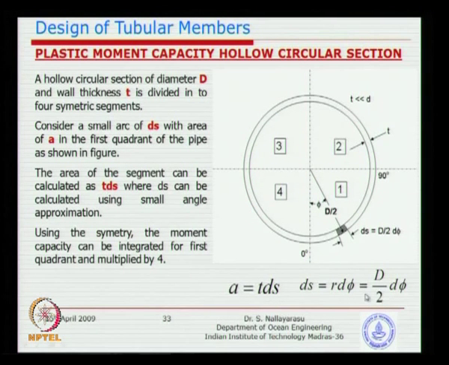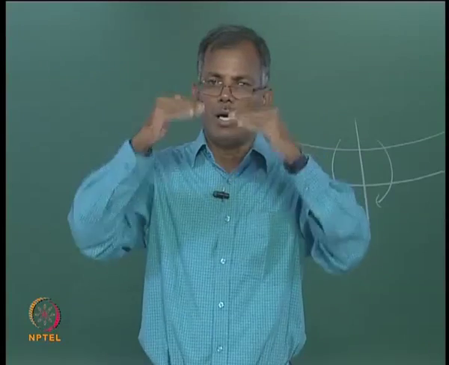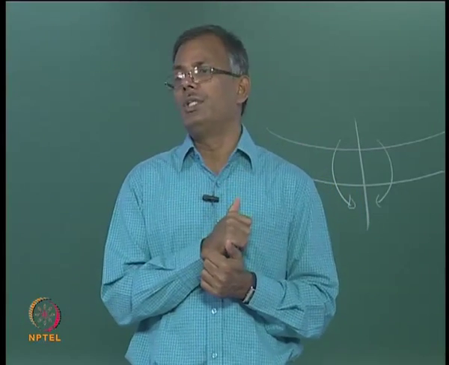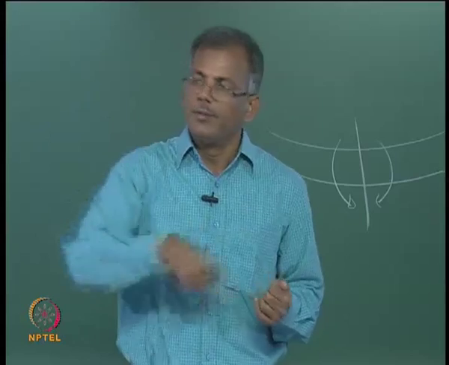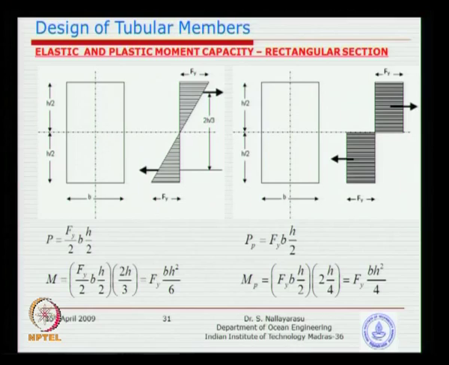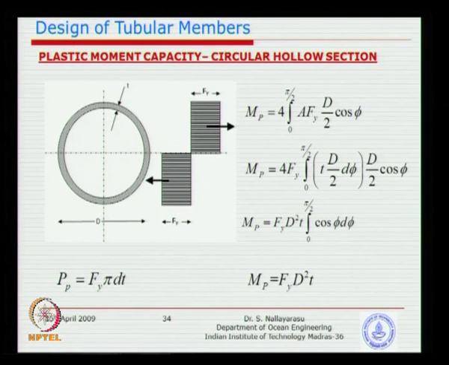What I am showing here is take this whole pipe, divide into 4 segments of 0 to 90 degree and do an integration, because remember the area is changing as we integrate from bottom to top, and the stress distribution is continuously changing because of the pipe section. So, we can't simply do a simple calculation like what we have done here, we have to do an integration. That is what I have shown here.